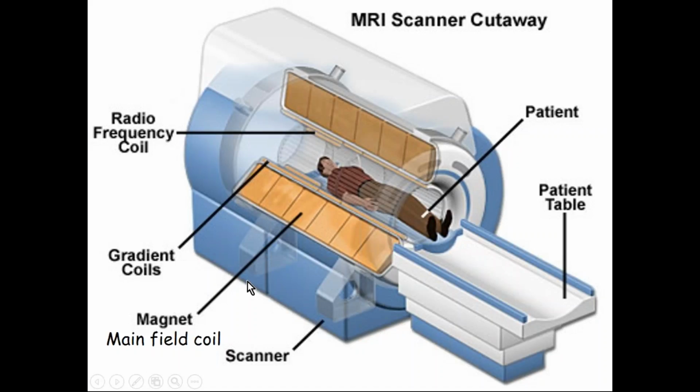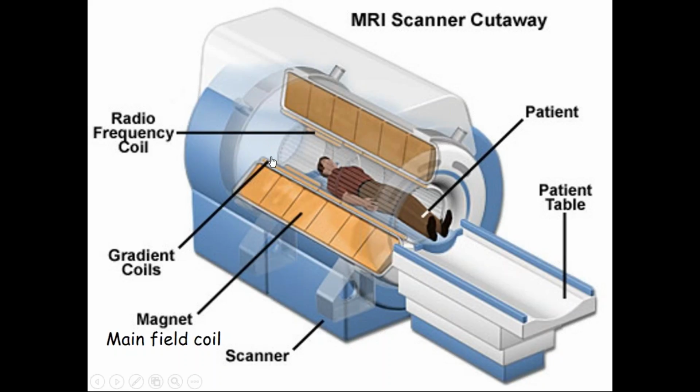Here's a cutaway view of an MRI scanner just to show you where some of these coils are located. The RF coil, this would be the body coil. You can't see the body coil. It's usually part of the gantry, but you have seen the head coil, which you roll over the patient's head, or various surface coils that you place on various parts of the anatomy of the patient.